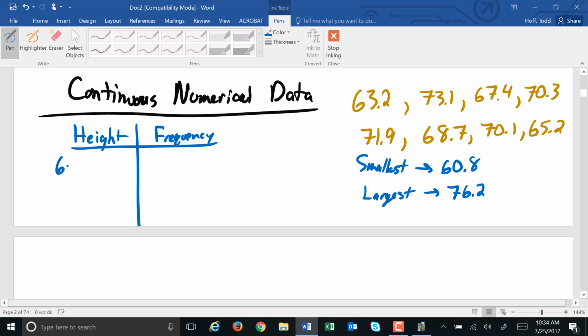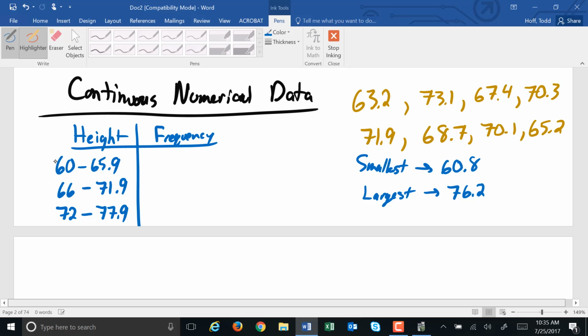I am going to go from 60 to 65.9, 66 to 71.9, and 72 to 77.9.